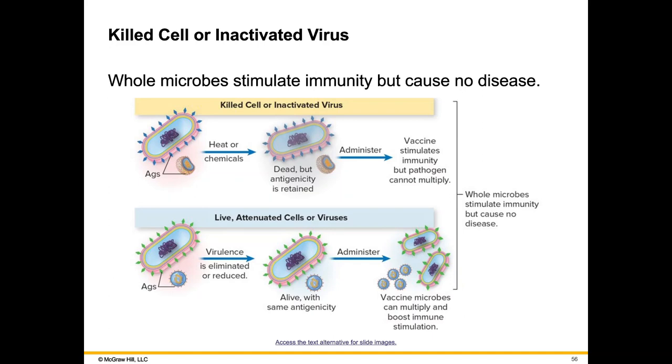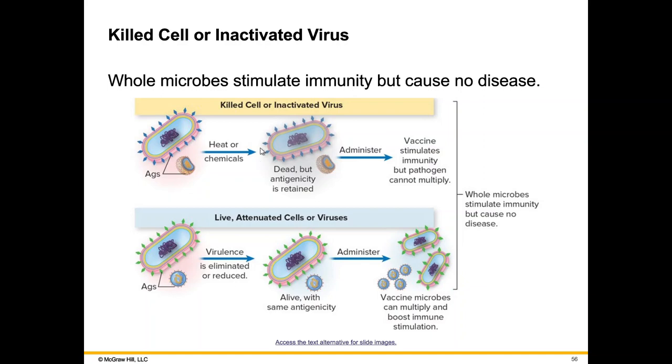All right, so let's look at those two contrasted next to one another. These are both the whole microbes. They stimulate immunity but cause no disease. Here's the killed cell or inactivated virus type. So we have our pathogen, which could be a bacteria or a virus, whatever, but we're going to expose it to heat.